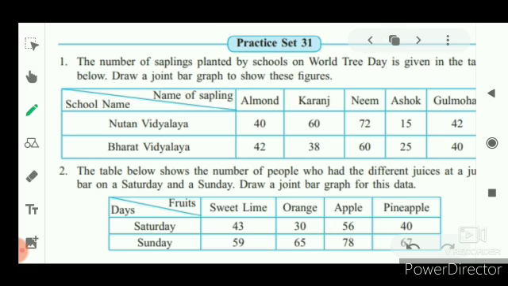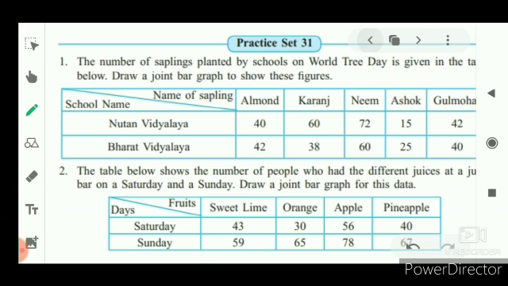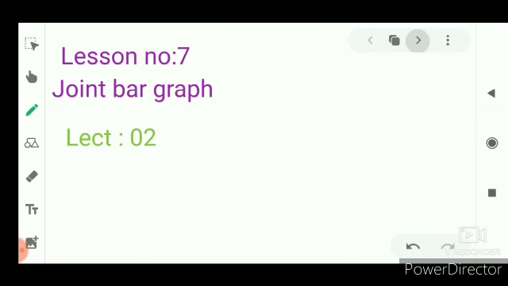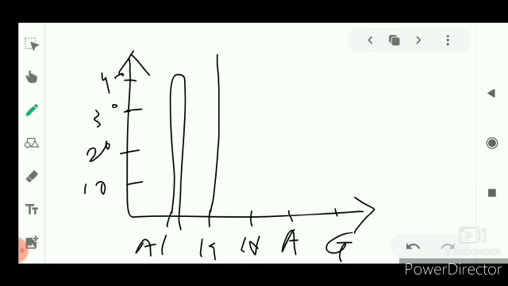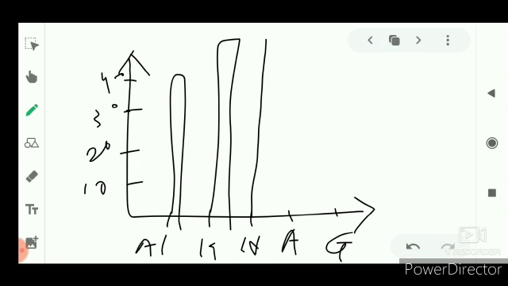For Nutan Vidyalaya, the saplings for almond are 40. For karanj it is 60. Then for neem it is 72, somewhere here. You have to draw this on your graph paper or graph copy; I am drawing here for explaining.